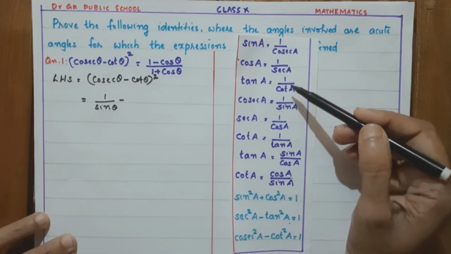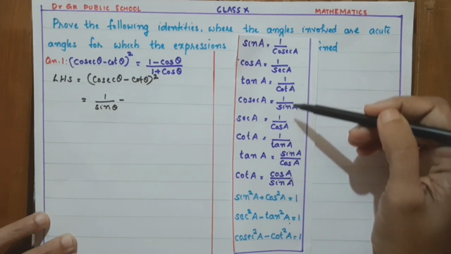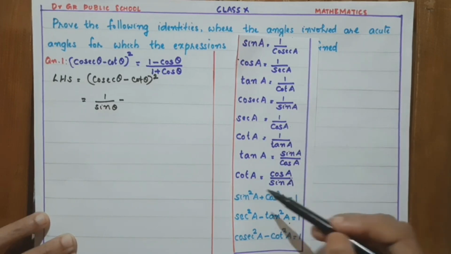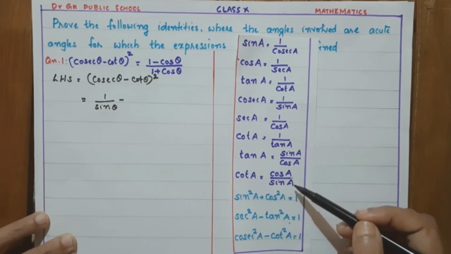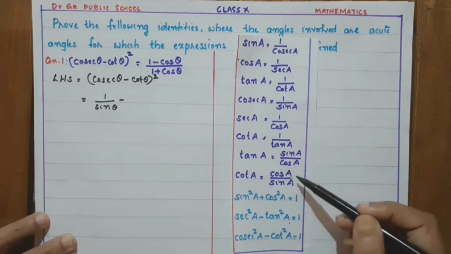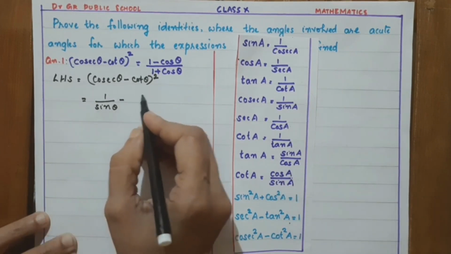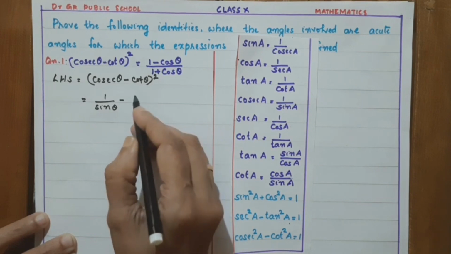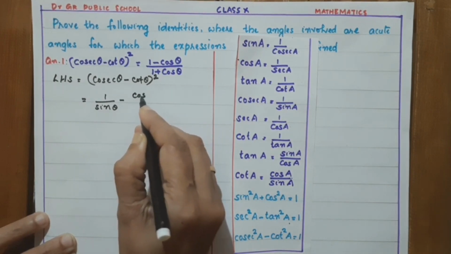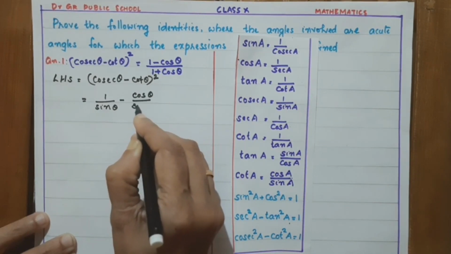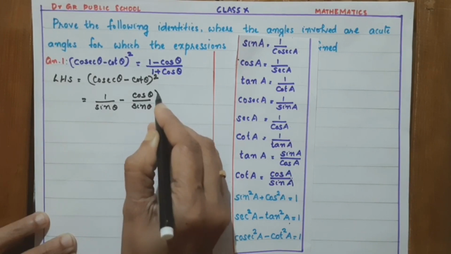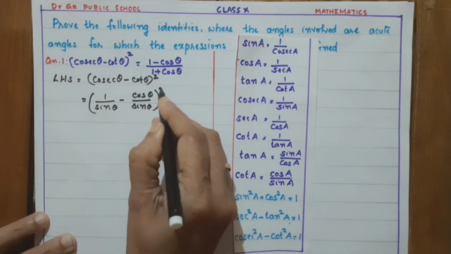Let's see. Cot theta, which one we can consider? Yes, cot A is equal to cos A by sin A. So that we can consider. So here I am writing cot theta is cos theta by sin theta, the whole square.